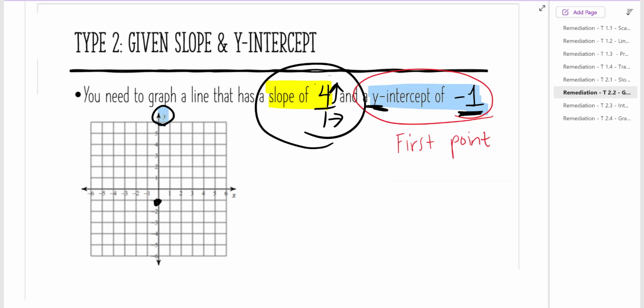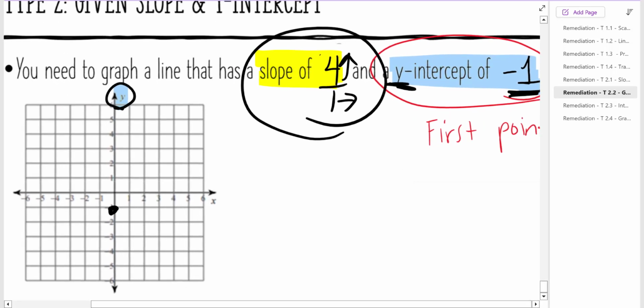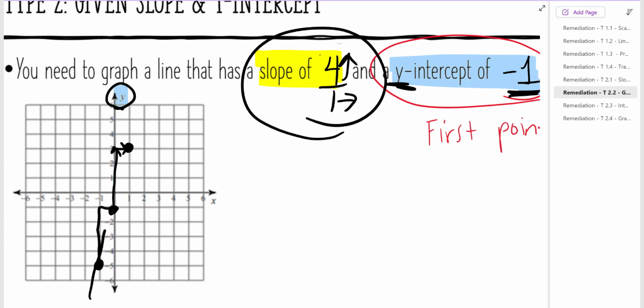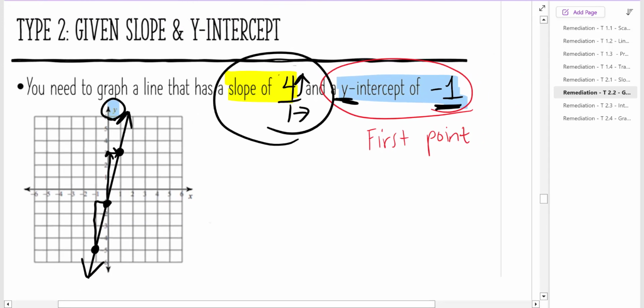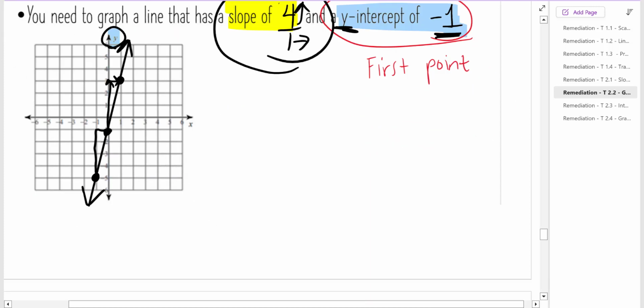Ahora podemos ir 4 arriba y 1 derecha. Draw another point. I can also find my other point this way. And there's the graph. Esa es la gráfica.